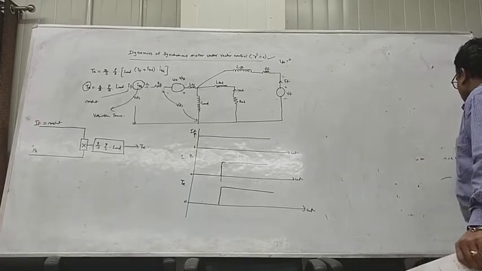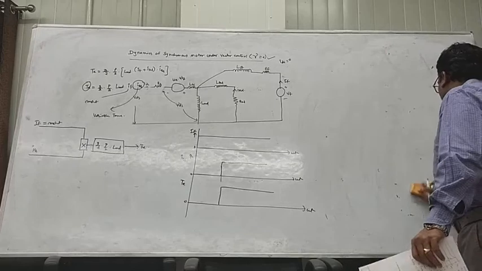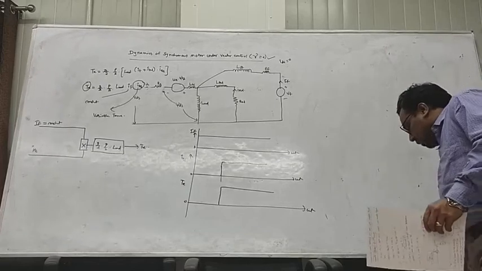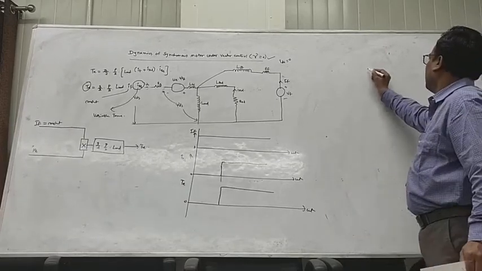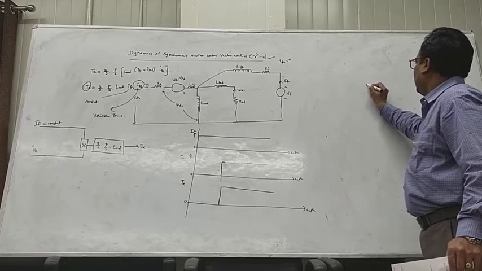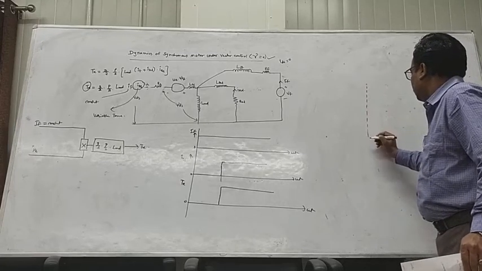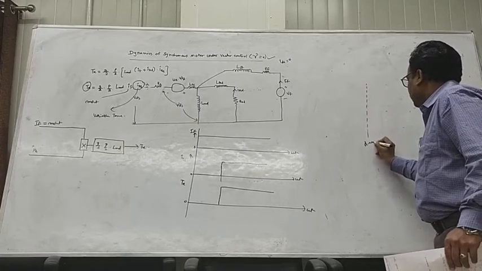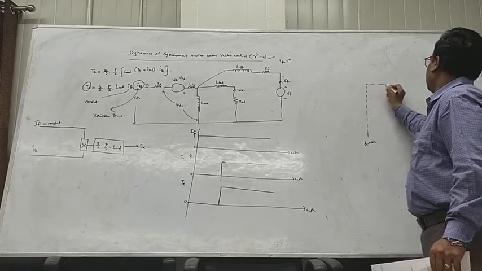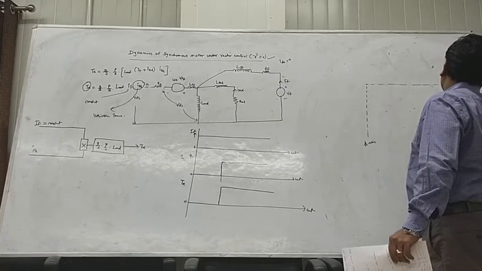But if you make gamma equal to 0, one thing you may consider here. As I explained in the previous class, this is the direct axis, and this is the quadrature axis.